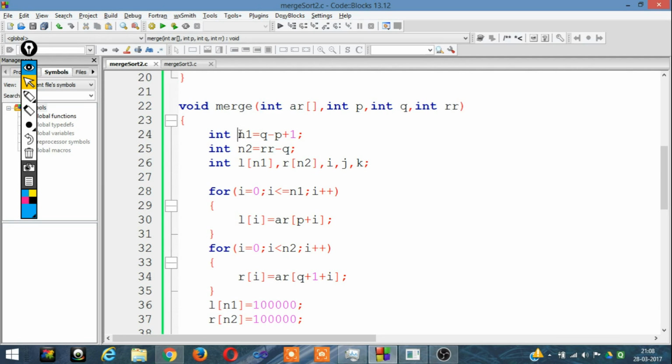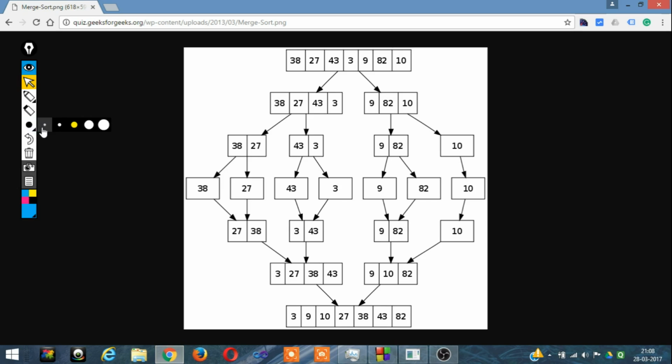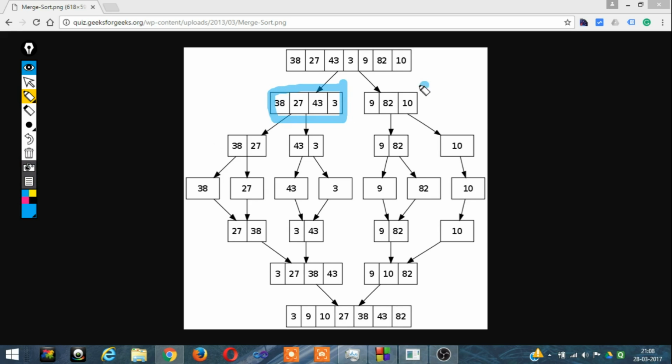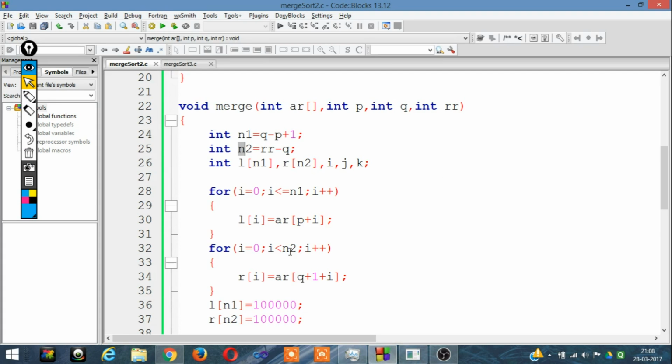What is n1? n1 is the length of the left subarray, and n2 is the length of the right subarray. This is my left subarray, this is my right subarray. Just for clarity's sake, we programmers write like this.